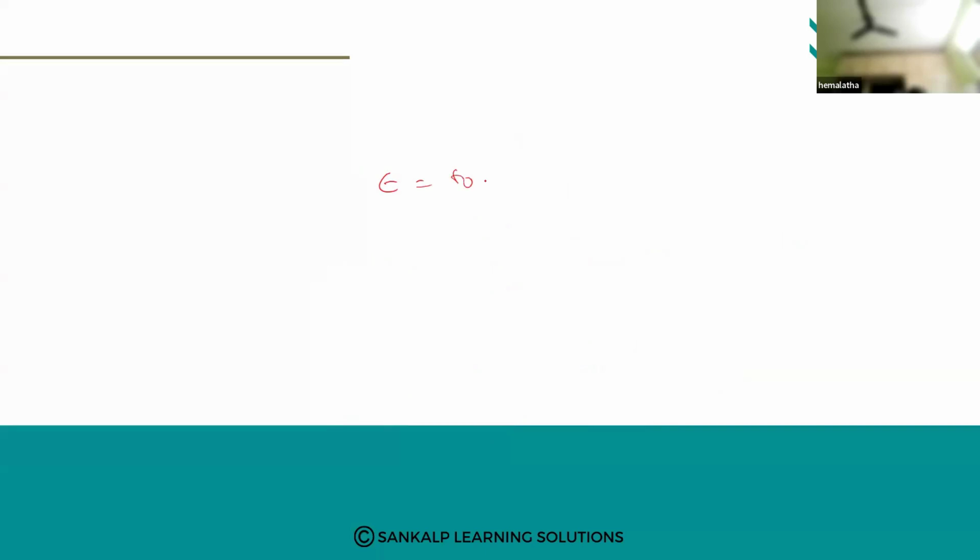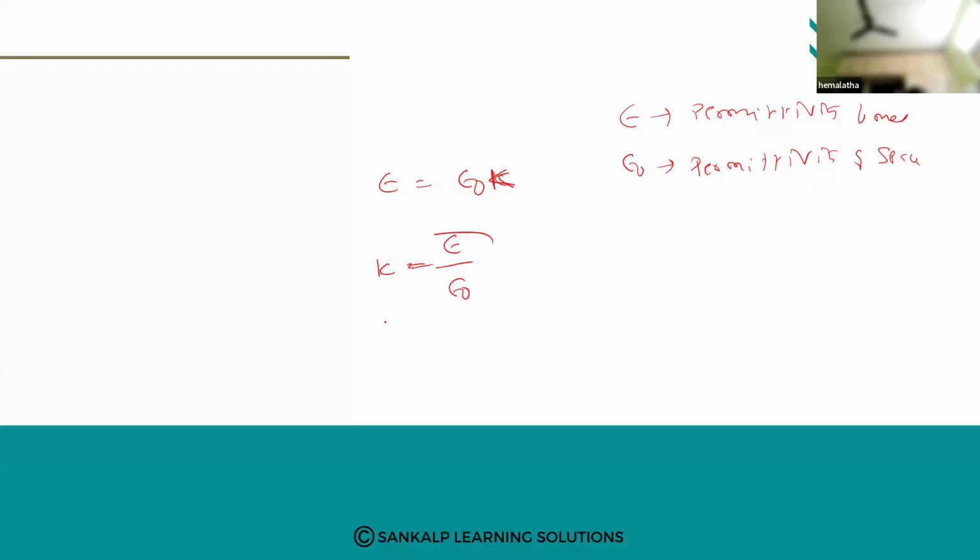Epsilon naught is the permittivity of free space, vacuum. So a constant K gets multiplied, where K for space or air is one. K is equal to epsilon divided by epsilon naught, called the dielectric constant of the substance.